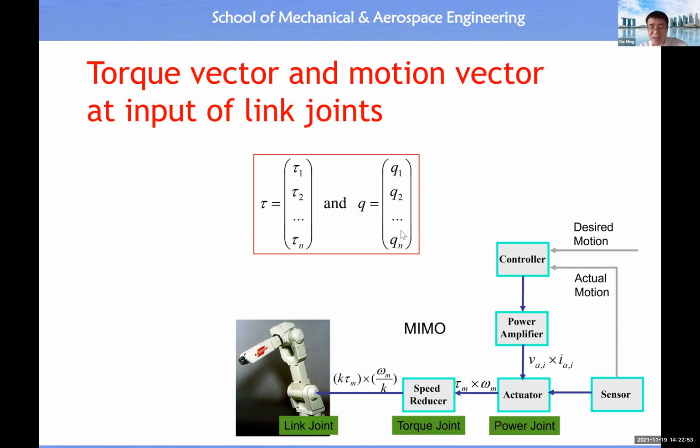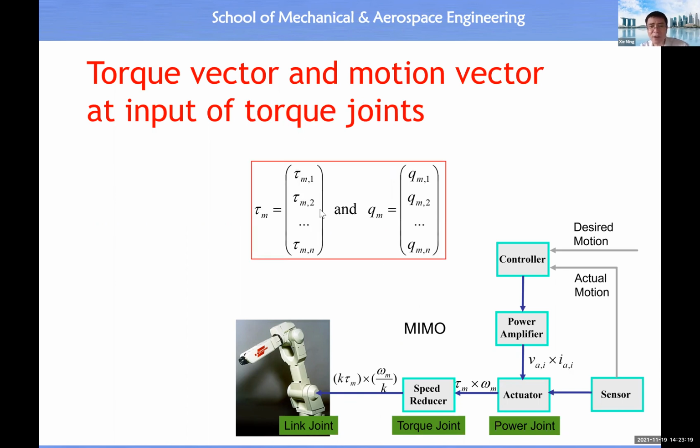This is the generalized coordinate, or generalized position, of the link joint. So you have q1, q2, because this position may refer to linear position or angular position. Similarly, we can put all the torques at the input of the top joints together to form this vector, tau m1, tau m2, tau mn, and also the generalized positions at the input of the top joints together. Then we have qm1, qm2, qmn.